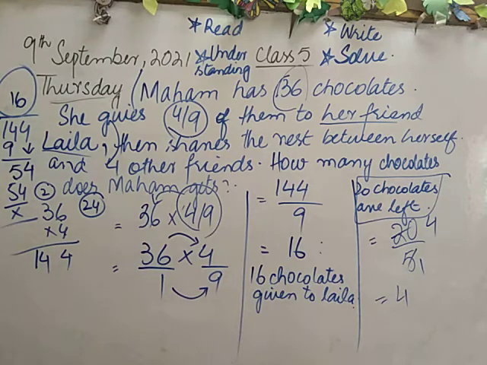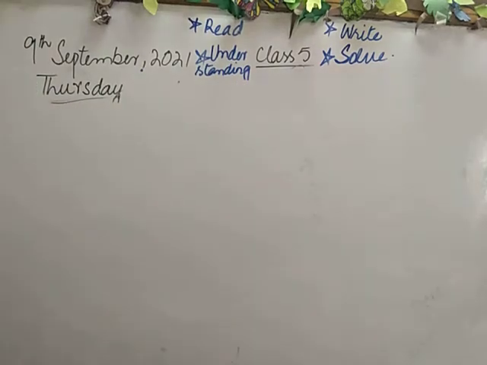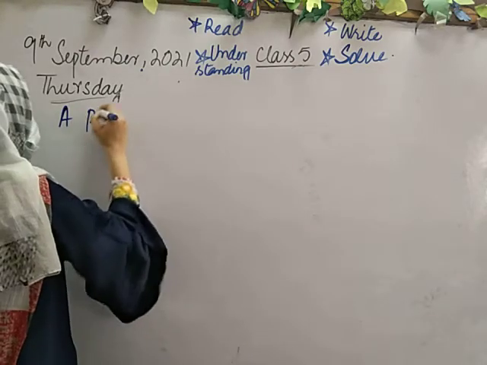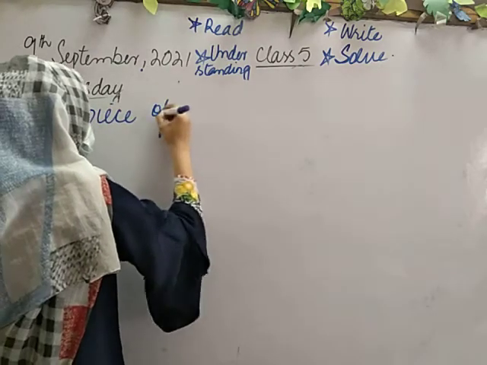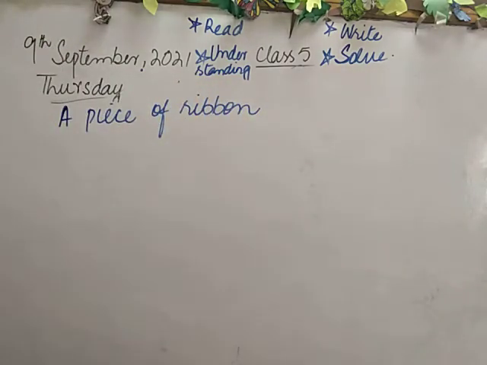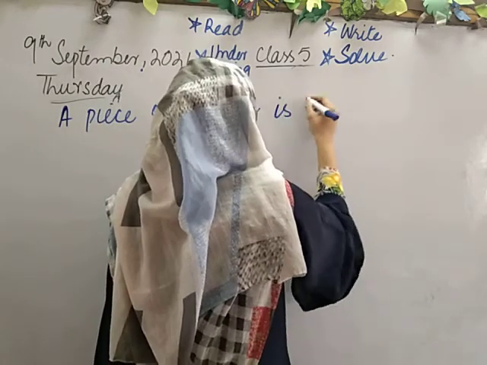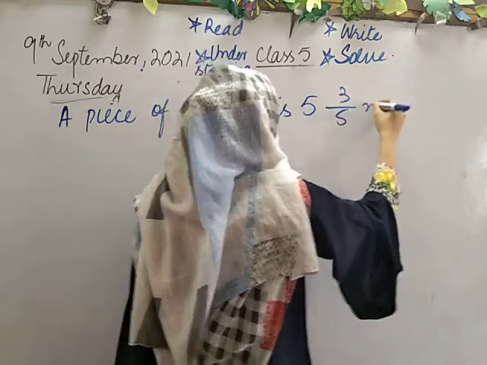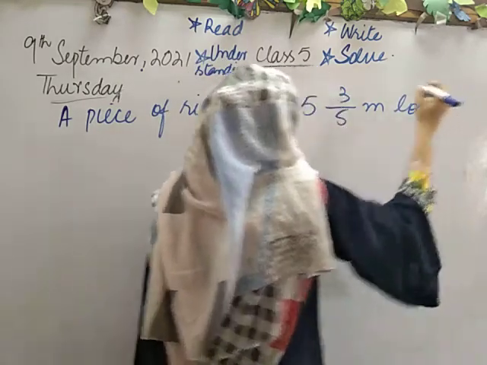Now class, moving to the next part which is 4. Now I am going to write. You have to listen. Now class, the next statement is a piece of ribbon is 5 3 by 5 meter long.